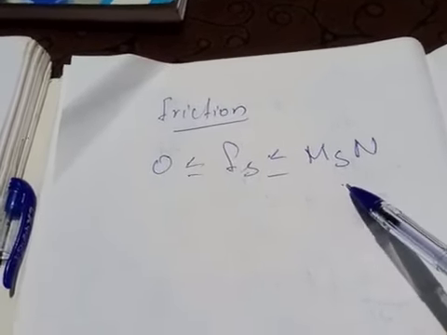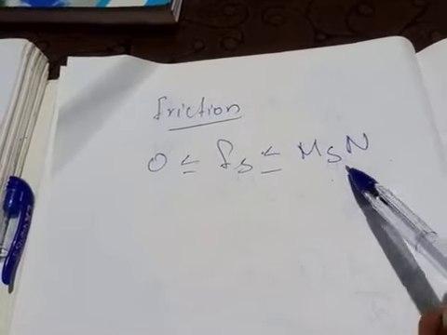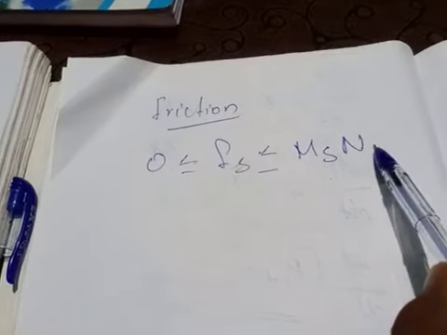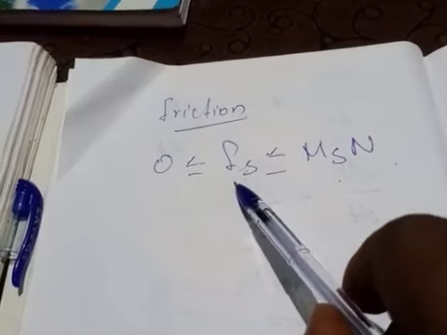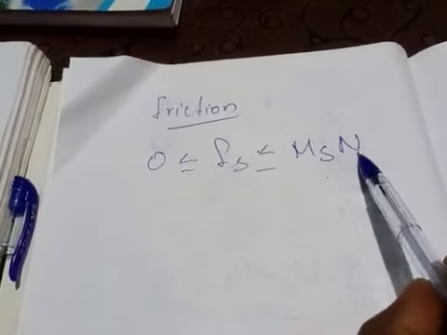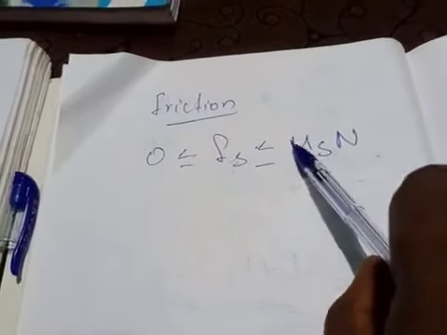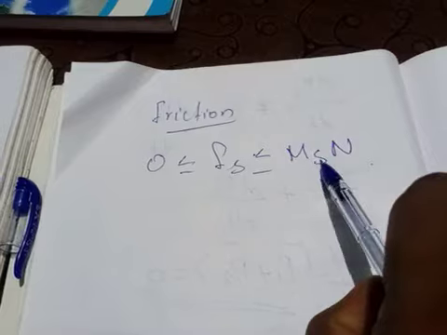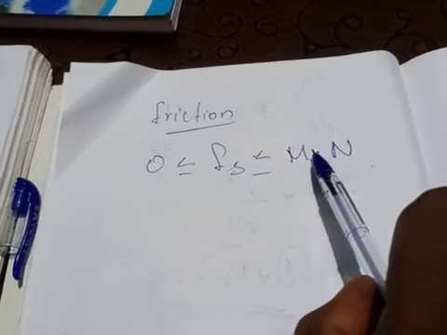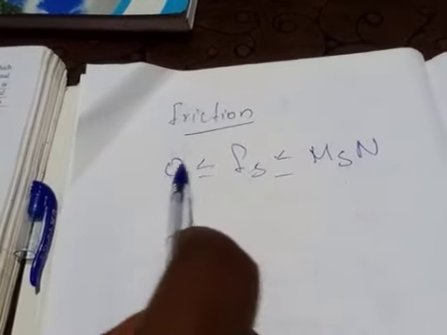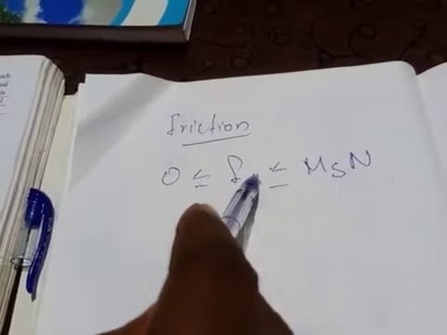This coefficient is just showing the relationship between the frictional force and the normal force. To show that relationship, we are using a constant, mu s, the coefficient of static friction.